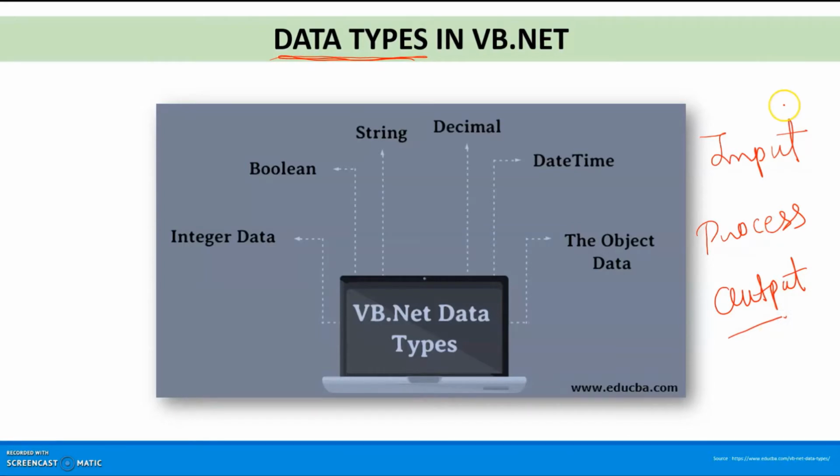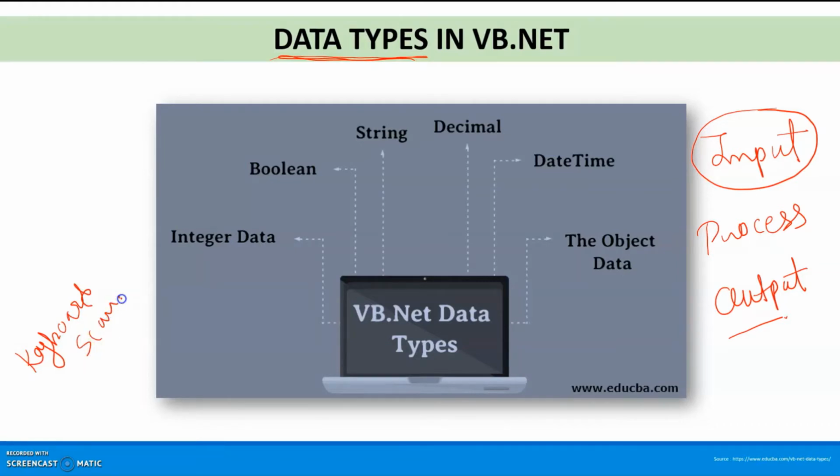So when we talk about the input, there are different ways to insert the data inside the system, like many input devices, like you have a keyboard, then you have a scanner, then you have a mic. So many different types of input devices are available.